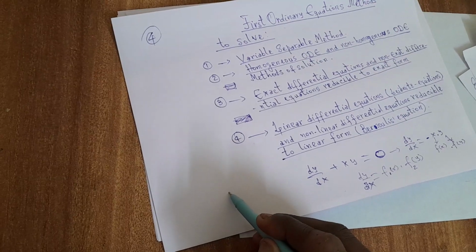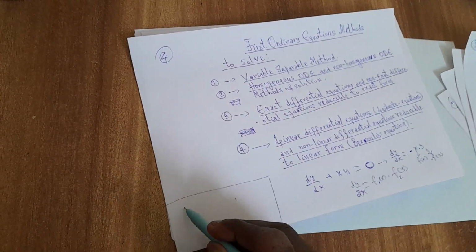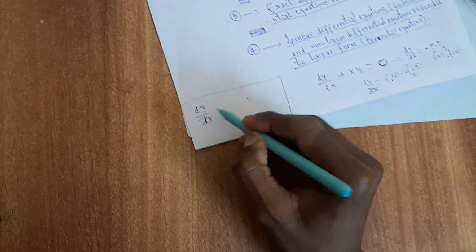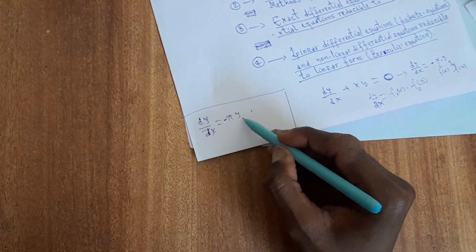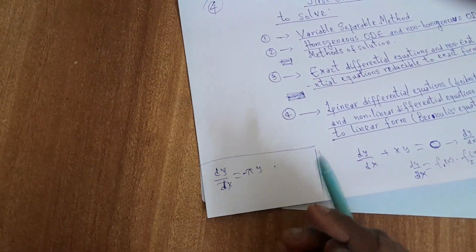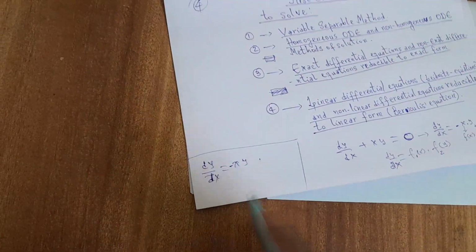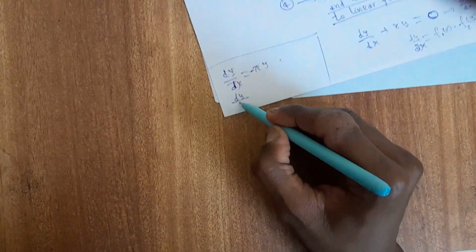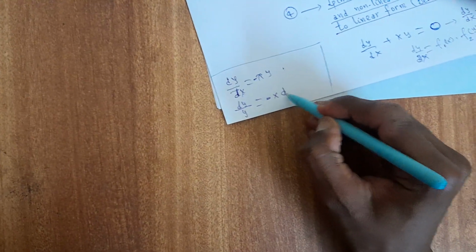So dy upon dx is equal to minus x y. This x comes here and this y goes there, because in the separable method, what you have to do is put dx with x and dy with y. And dy here will be upon y, and here you get minus x dx.